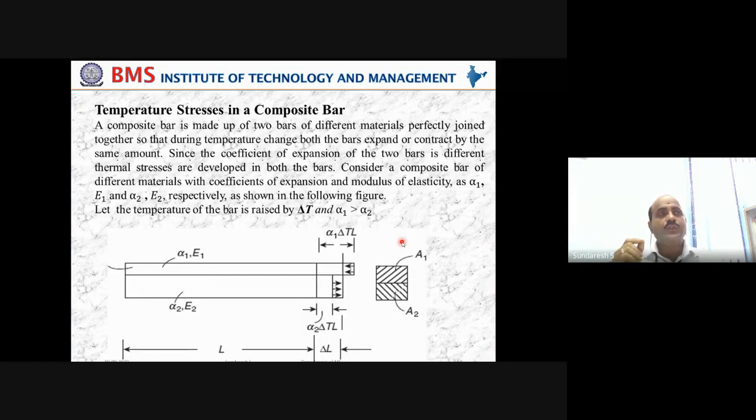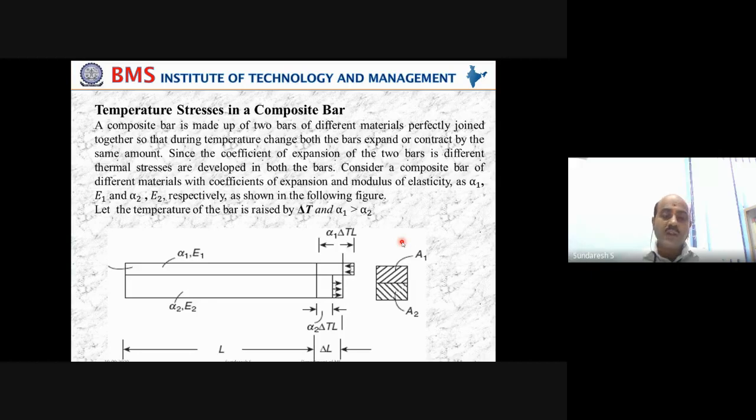The material whose coefficient of thermal expansion or linear expansion is more, provided delta T and L are the same for both materials, will undergo more expansion, and hence it will be subjected to a compressive stress.